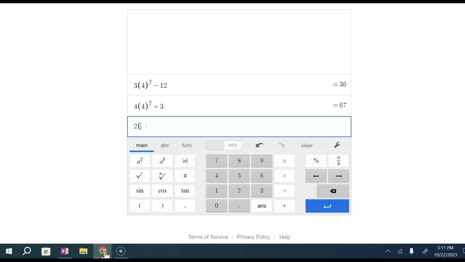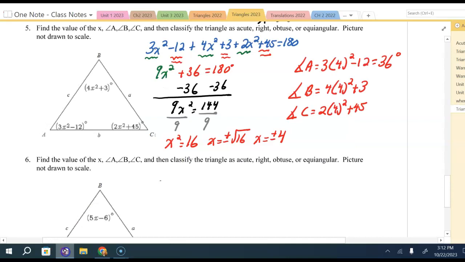And then 2 times 4 squared plus 45. And you'll get 77. Notice I'm typing it in exactly the way I wrote it. So angle B was 67 degrees. Angle C was 77 degrees. All those angles are less than 90, so this is an acute triangle.